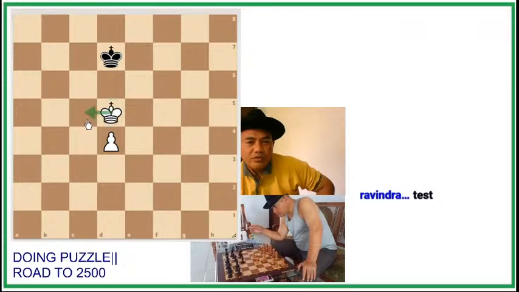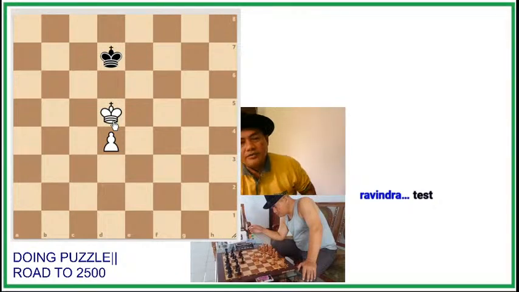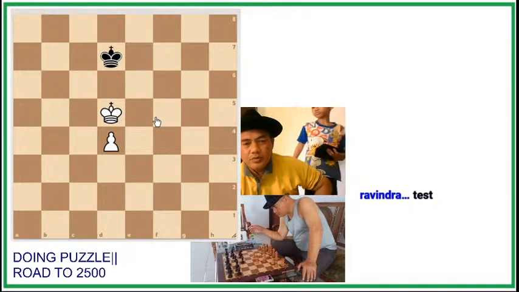If white is to move, then black can do the opposition. Then this will be a draw. So in this position, if white is to move, that will be a draw, because black can have the opposition.